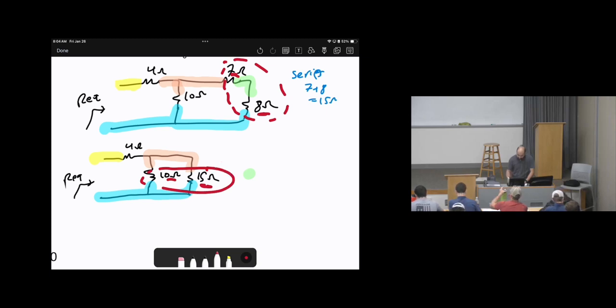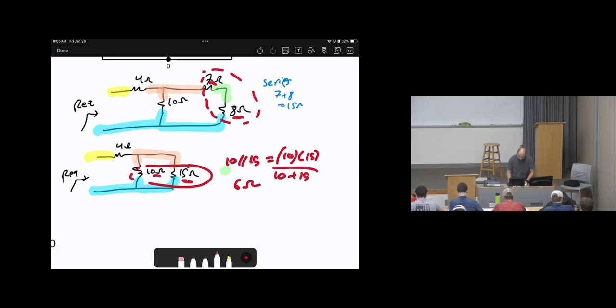How to calculate R equivalent? So we will say that 10 parallel with 15, which is 10 times 15 over 10 plus 15. This is a shortcut. If you want to use 1 over R, that's fine. You are free, do whatever you want, but I prefer to use this as a shortcut. So their equivalent will be, I think, 6 ohms. So the answer will be 6 ohms.